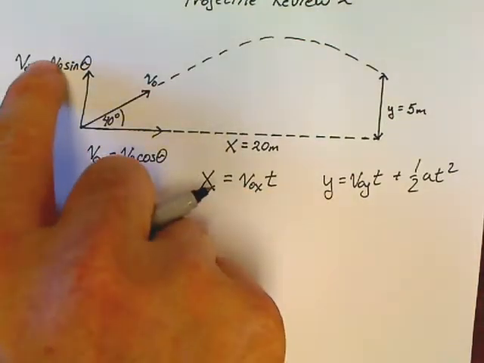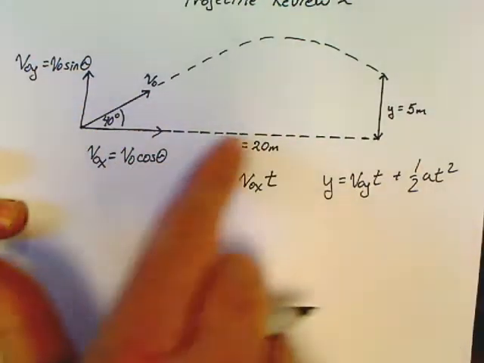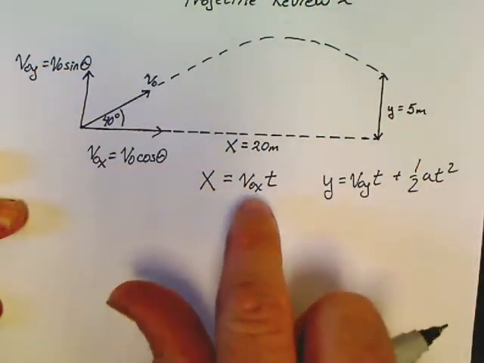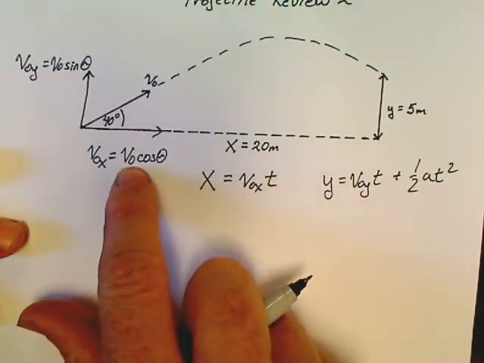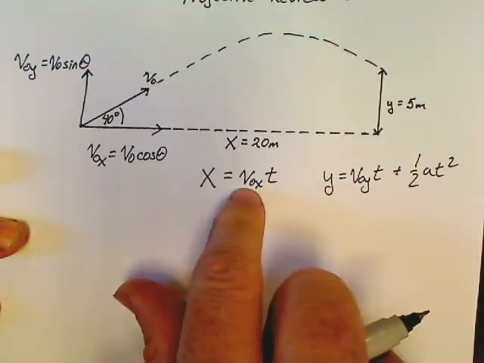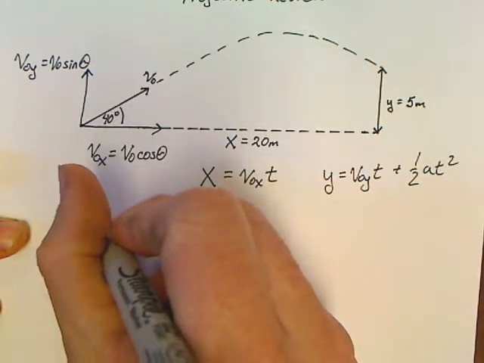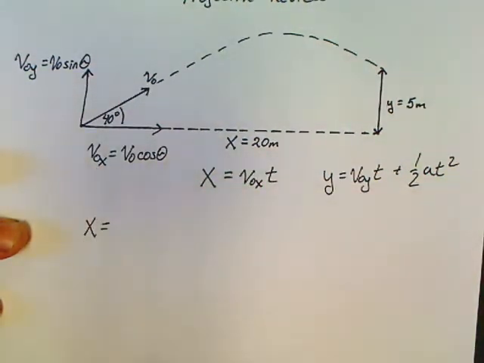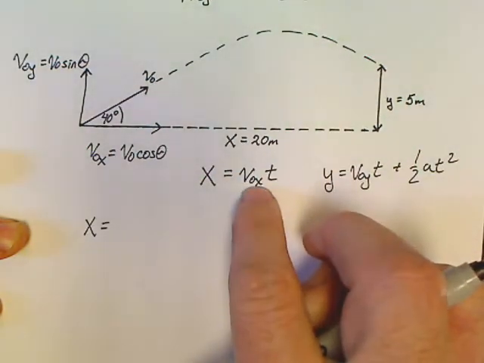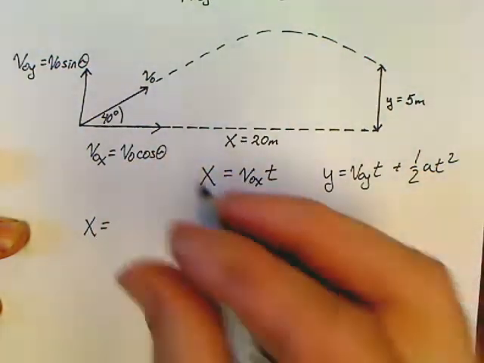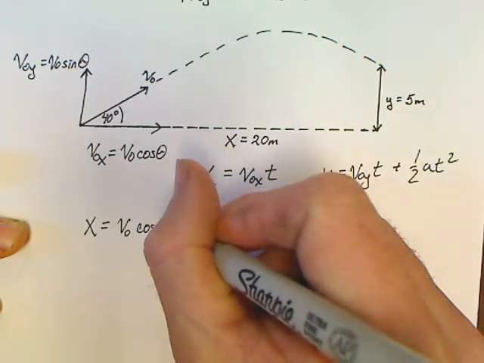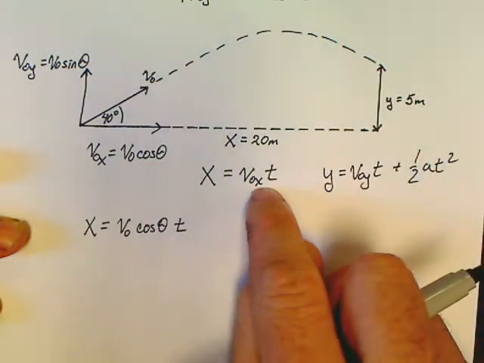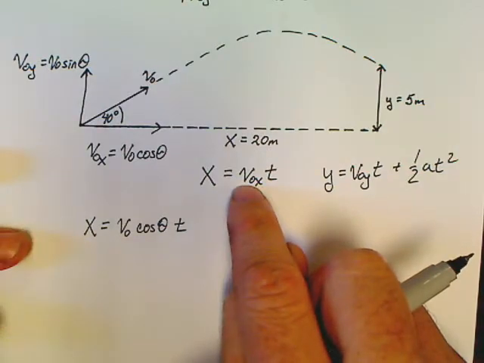But I'm going to start putting all these equations together. The easiest thing I can do is replacing VOX. VOX is VO cosine theta. So I can rewrite my X equation as X equals VO cosine theta t. So all I did was substitute in for that VOX.